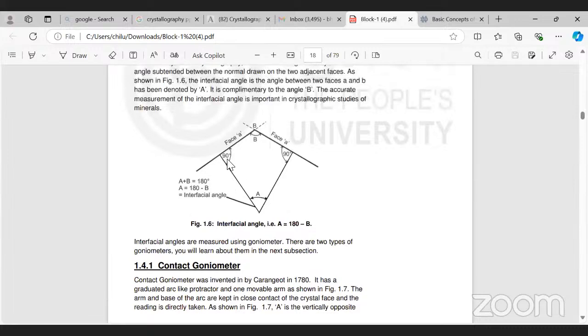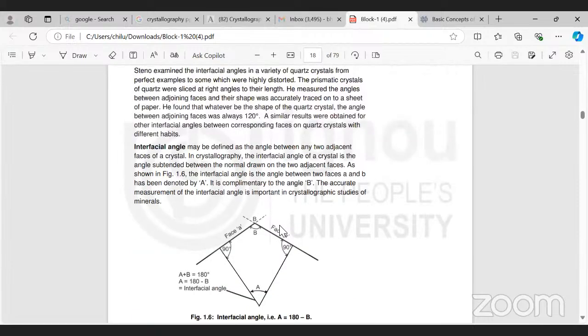Between this, it is creating some angle. The angle is known as the interfacial angle. Simply, it is the angle between two faces, and they should be two adjacent faces.